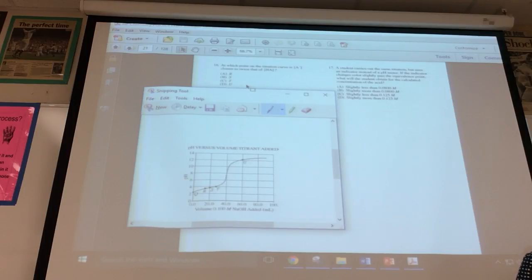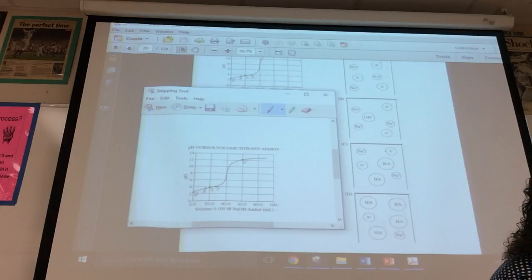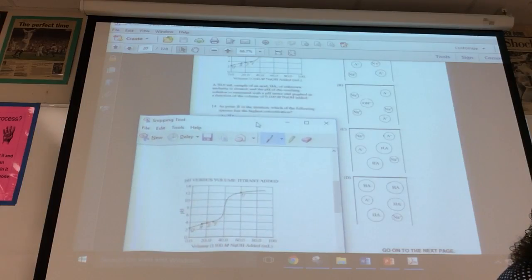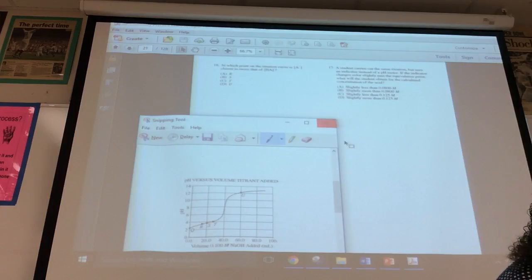So they have to be the same. So that means you have 4 millimoles of weak acid. What else did they tell you about the weak acid? They told you the volume, so it was 50.